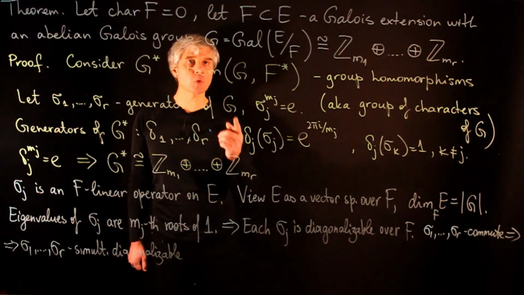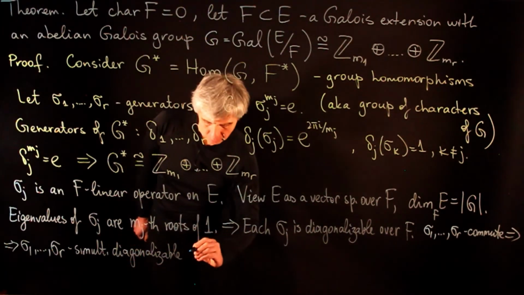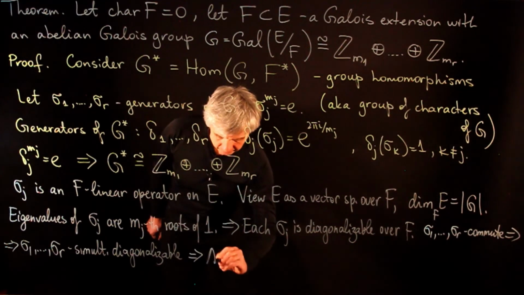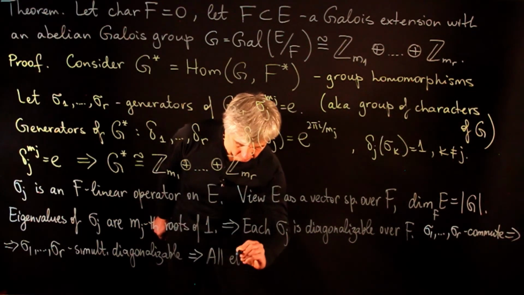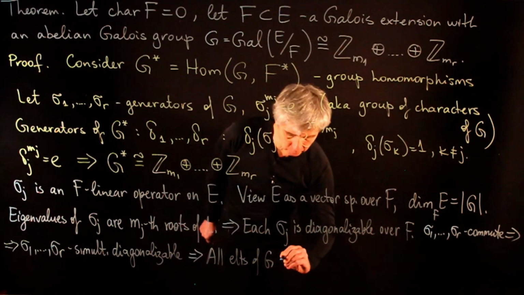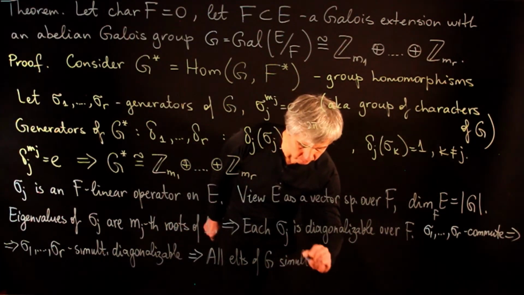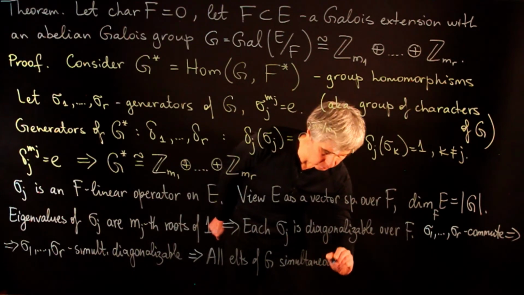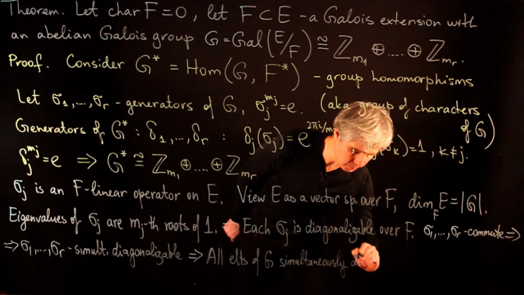But then the same is true for all elements of G. So if we take all elements of G, then they will be simultaneously diagonalizable.